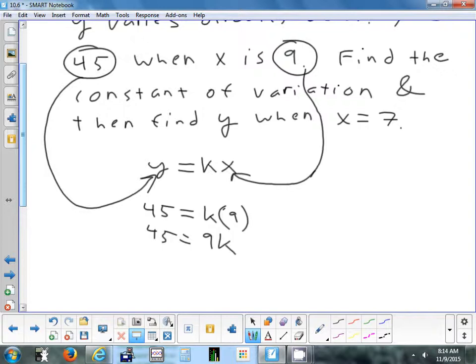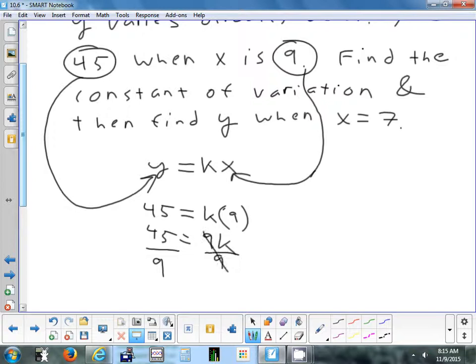On this right-hand side. What did we multiply 9 by here? 5. I know what you're getting at. I can kind of see the way you're thinking a little bit, but just pronounce that right-hand side to me. 9k. And what operation is that? Multiplication. Yeah, there we go. So how would you undo multiplication? What's the opposite? Divide. Yeah. So you divide by 9.